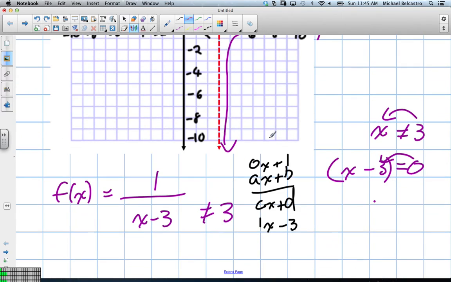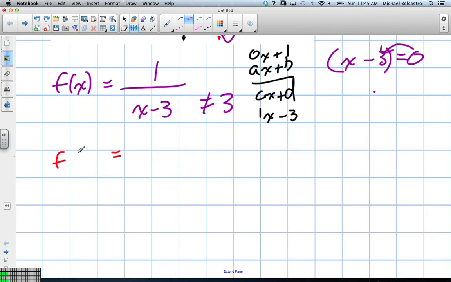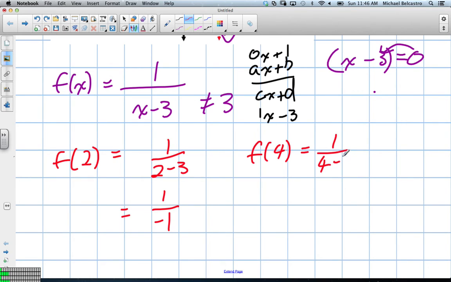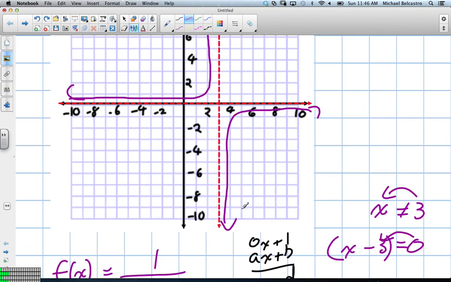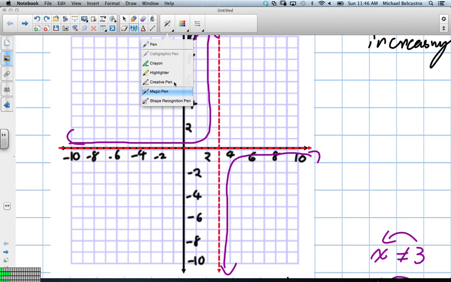If x was 2, we end up with 1 over 2 minus 3, which gave us 1 over negative 1. That gave us a negative term, which would be below the horizontal asymptote, so it would be decreasing. Same idea with f at 4, 1 over 4 minus 3, 1 over 1, that gave us a positive value. So that's the complete opposite of what we wanted.